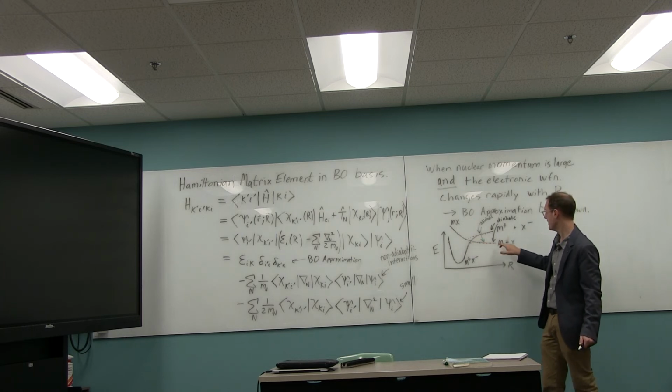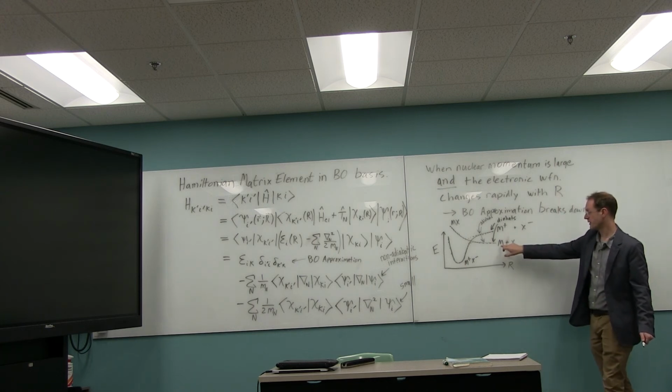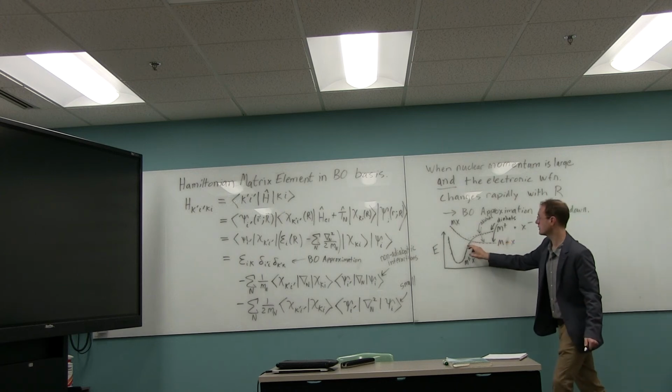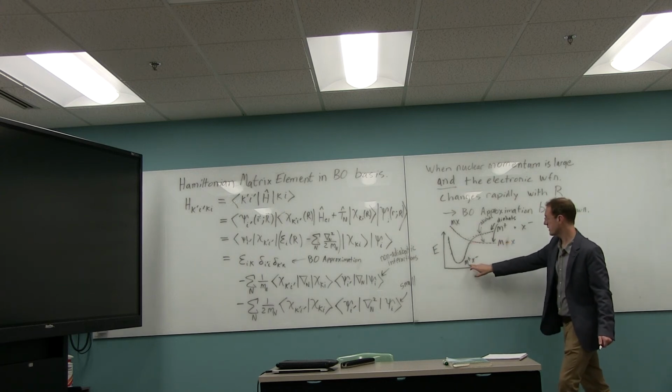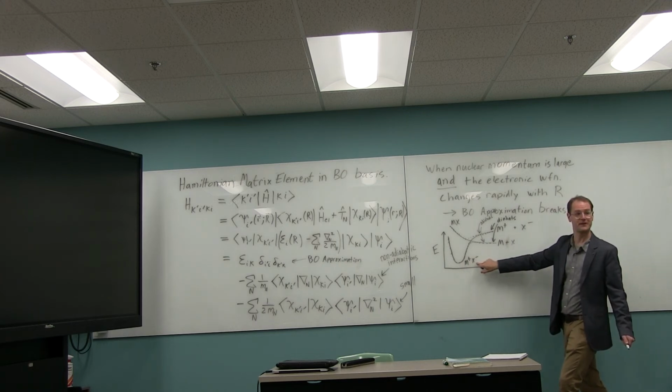You go from having an electronic wave function where the electron's on the metal, but then you move just a little bit, and the character of the wave function changes completely, where the electron hops over to the halide. Right? So does that make sense?